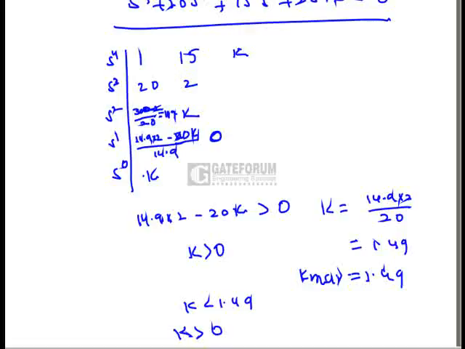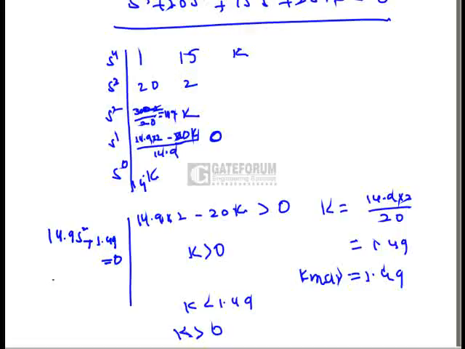After getting the k marginal value, we have to find the auxiliary equation, and this equation is the auxiliary equation. Here the multiplication of the s square factor is 14.9 into s square, plus k, where k is 1.49, and this is equal to 0.